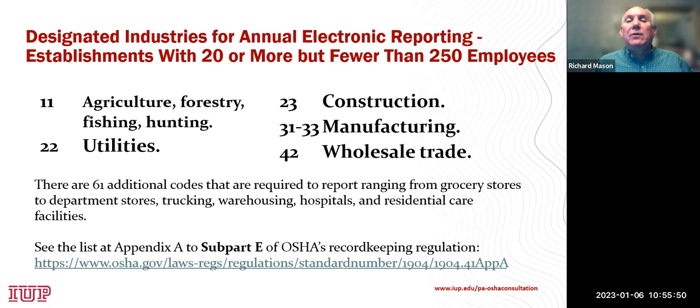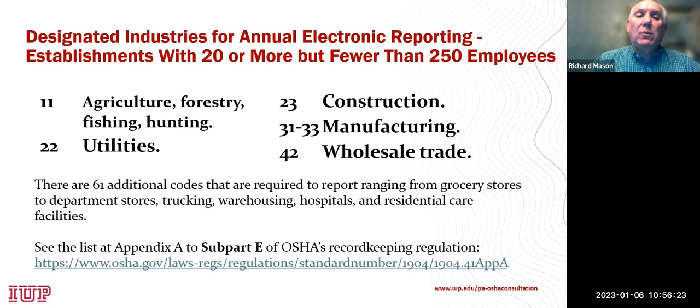Okay, now we're moving on to electronic reporting and who's required to do electronic reporting. Okay, establishments with 20 or more but fewer than 250 employees that fall into these categories are required to report. So again, no use looking if you're in agriculture, if you're in manufacturing, if you're in construction, utilities, wholesale trade, you're required to report with 20 or more employees.